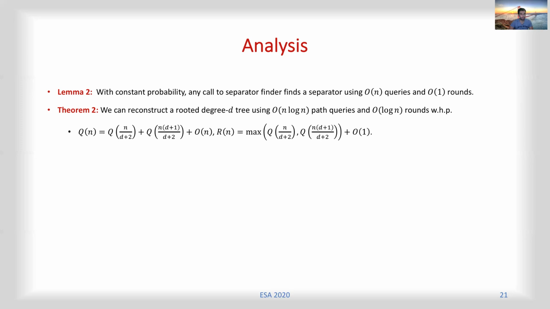And our query complexity is dominated by the two recursive calls and also O of n side work, and our round complexity is the maximum of these two calls plus O of 1.